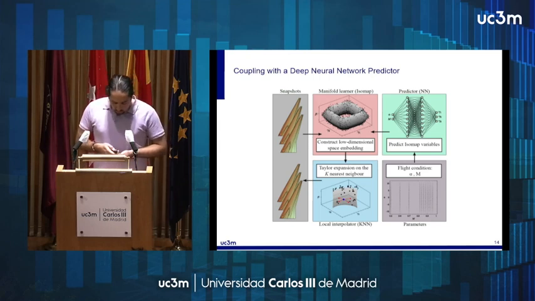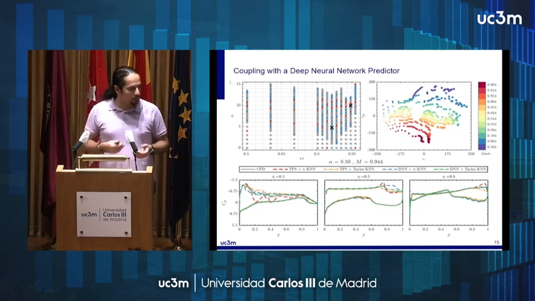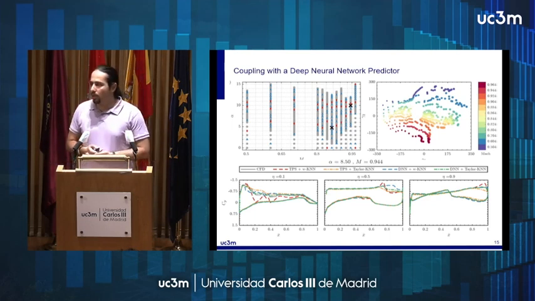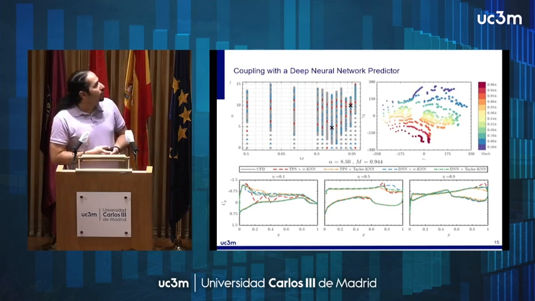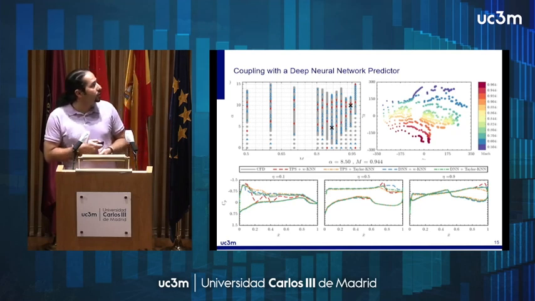So we applied this full picture tool to the case of design of the aircraft wing. Here you can see that we consider different flight conditions with different Mach and alpha. On the right-hand side, we have gamma 1 and gamma 2, the first low dimensional dimensions.